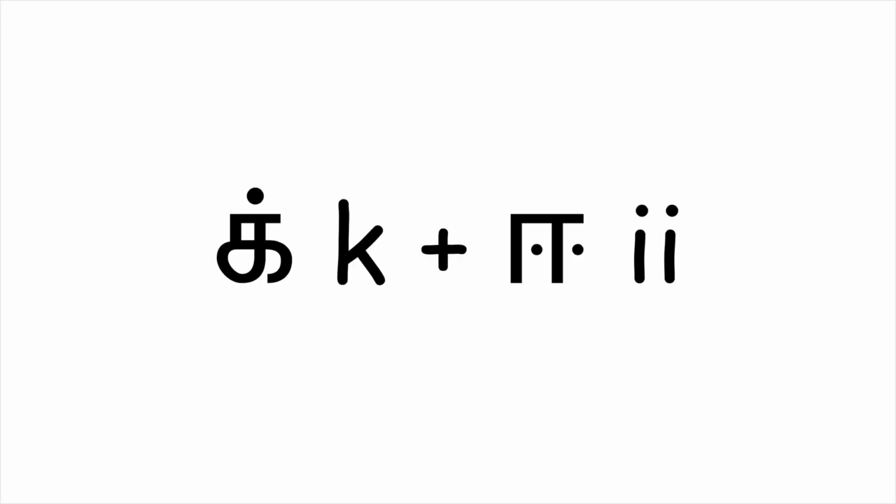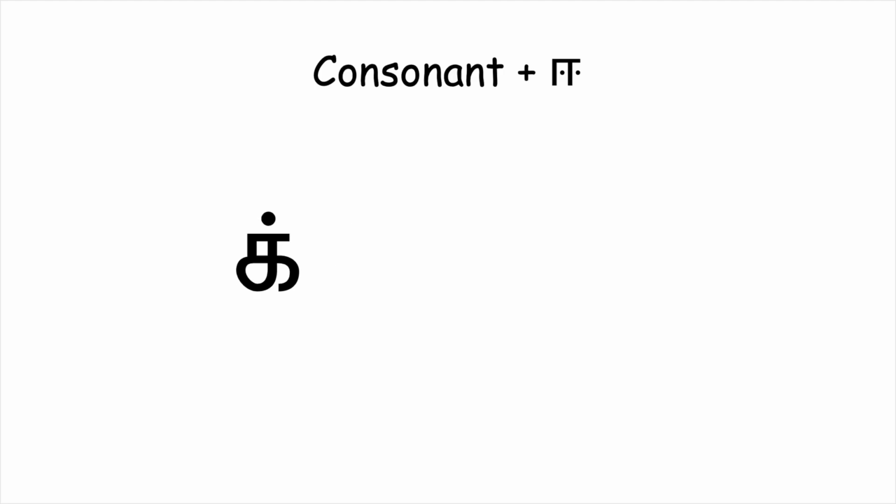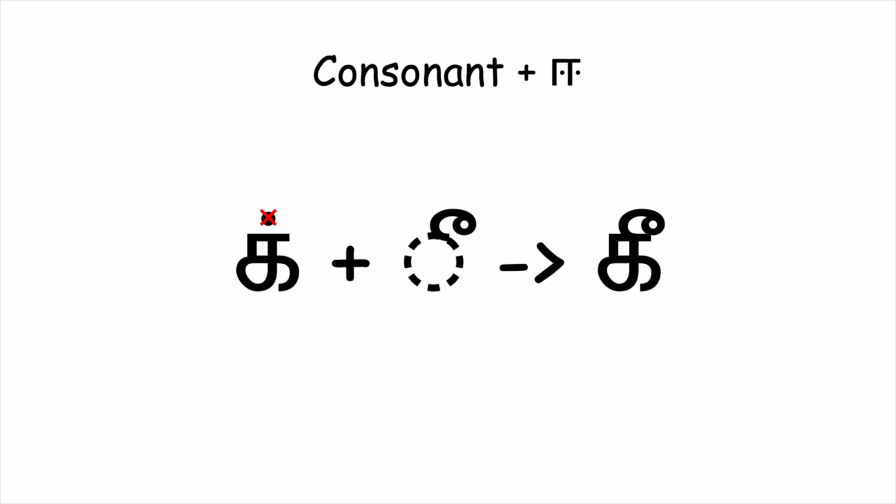This is the letter ki. It's formed from uk plus e. The pattern which applies to the consonant plus e combinations is to get rid of the dot and add this pattern here. So when we apply this to uk, we get ki.